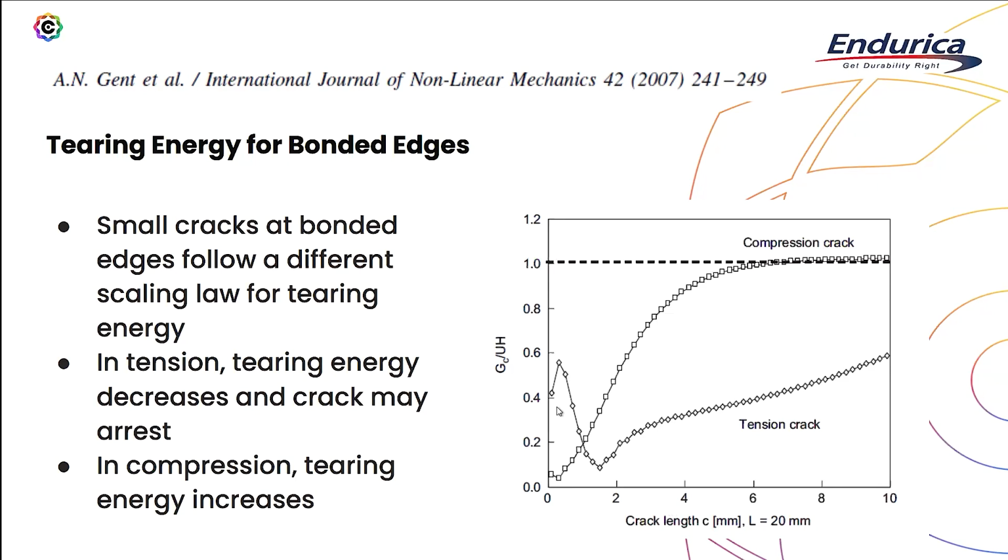On the side of the bushing where shearing causes tension at that bond edge, you can see that as the crack grows, it increases for a little bit, but once the crack becomes more than a fraction of a millimeter, the tearing energy is decreasing to a point. So there's a good chance that crack is actually going to arrest.